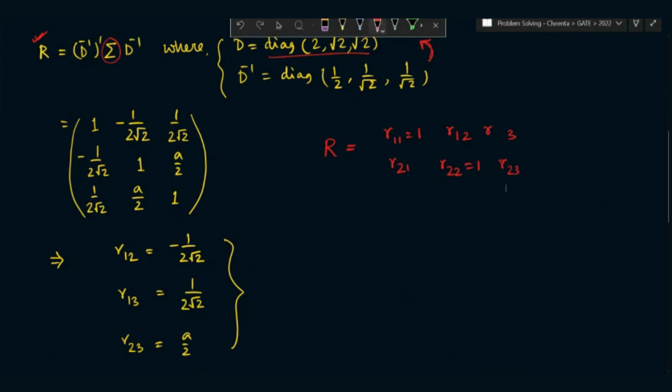Sorry, this will be R13. Now this is R31, same as R13. This is R32, same as R23, and this is R33, equal to 1 again. So from this we get R12 is minus 1/root 2, R13 is 1/root 2, and R23 is A/2.